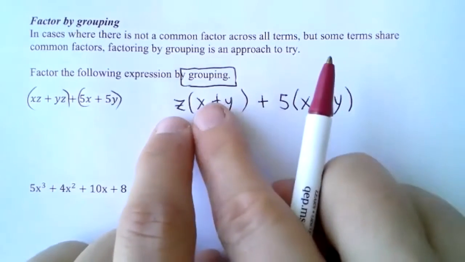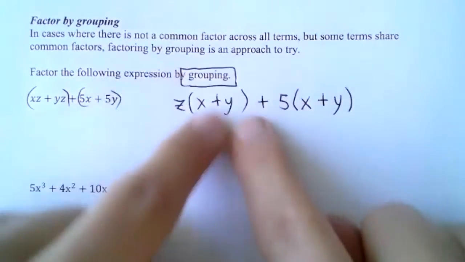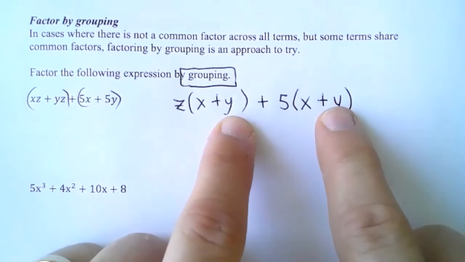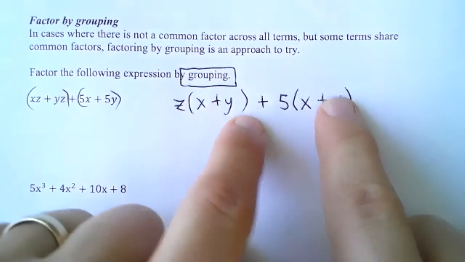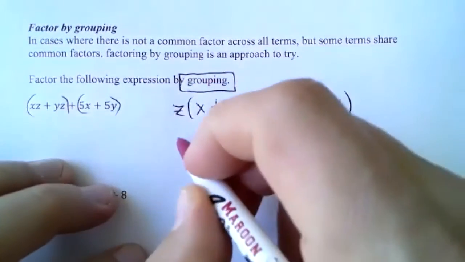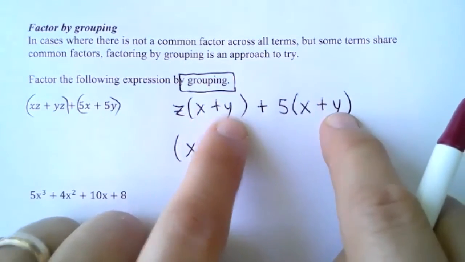But look at this as a whole. All right, do you see now what's common across the whole thing? You see that x plus y is common across both terms. So what we can do is pull that out just like we would be factoring, all right? So I'm going to pull out the greatest common factor, which is x plus y.